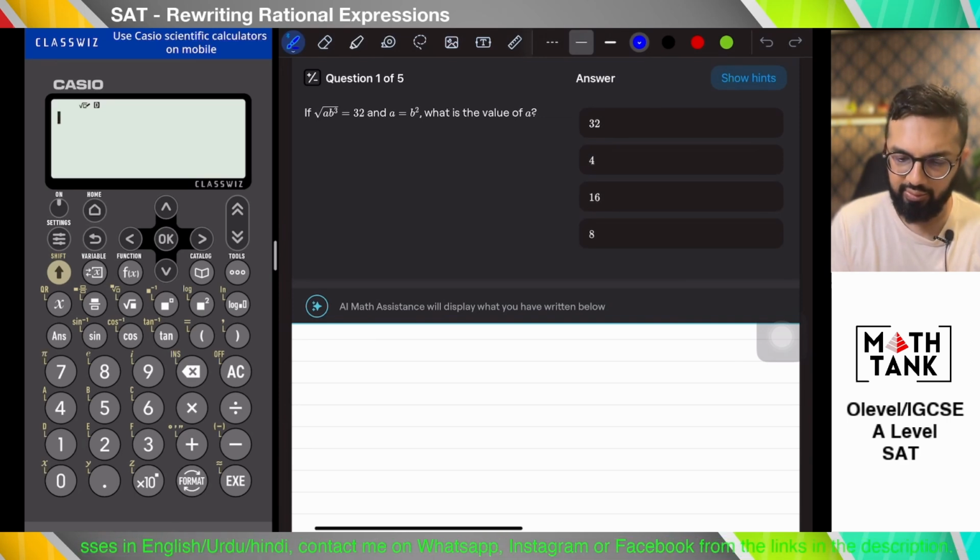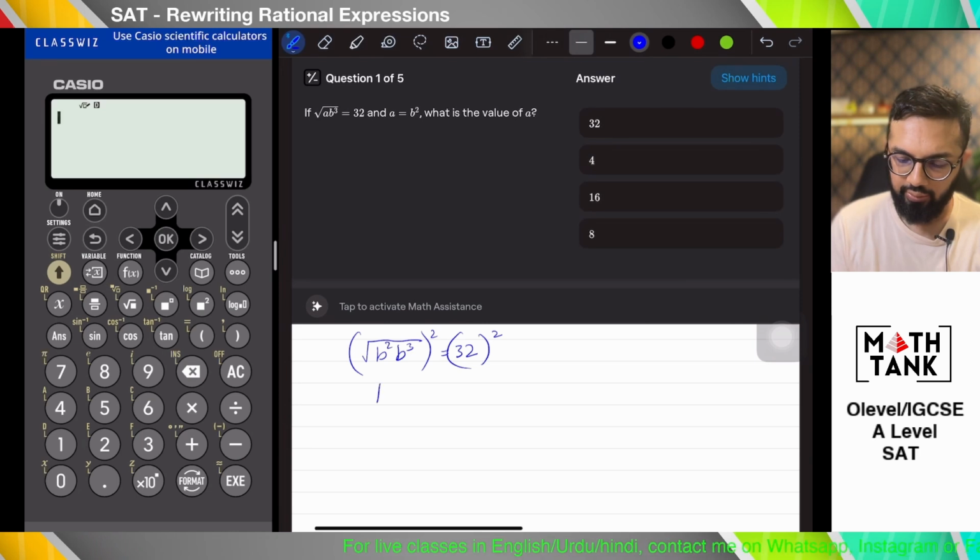Question number one says this: if a equals b square, what is the value of a? So b square into b cube equals 32. Okay, let's square both sides and get rid of the root, b power 5. What's 32 power 2? 1024.